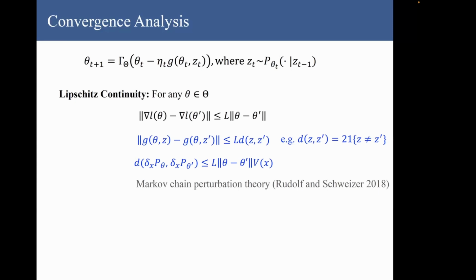Yes, exactly. They have 3 conditions and they show some bound in Wasserstein distance. They also require the ergodicity assumption I had on the previous slide. They show that if the one-step transition kernel is not perturbed much, then the corresponding stationary distribution also doesn't change, and the convergence speed also doesn't change.